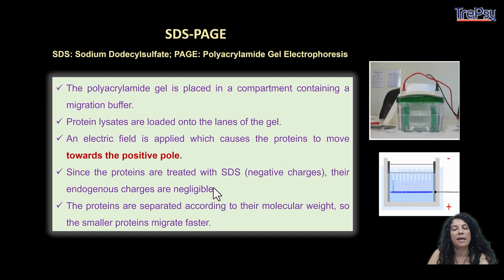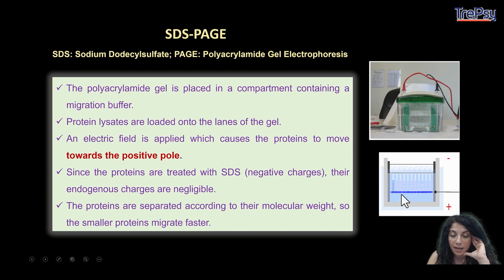What is SDS-PAGE? It's sodium dodecyl sulfate polyacrylamide gel electrophoresis. The polyacrylamide gel is placed in a compartment containing a migration buffer, like here. You have your gel that you have to put in a buffer.